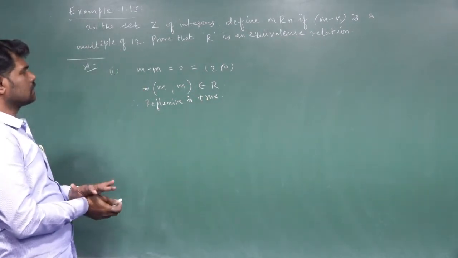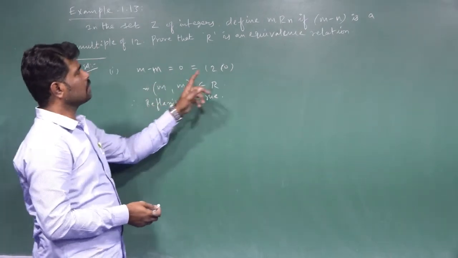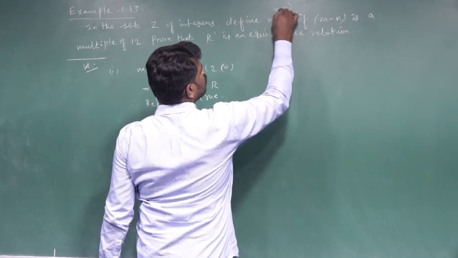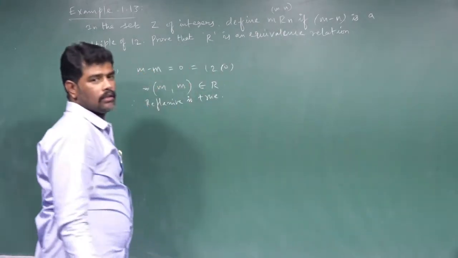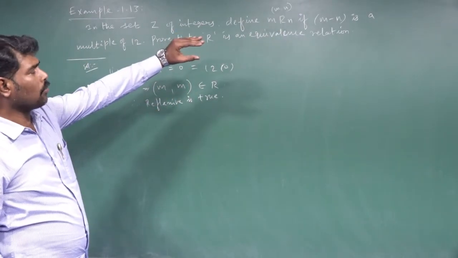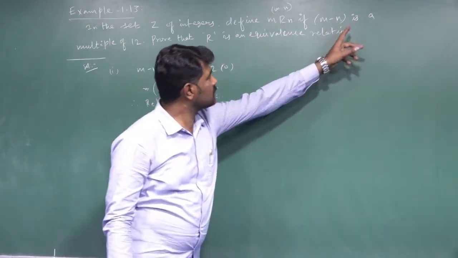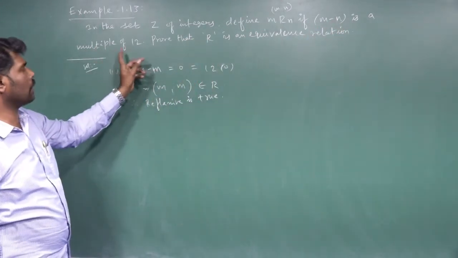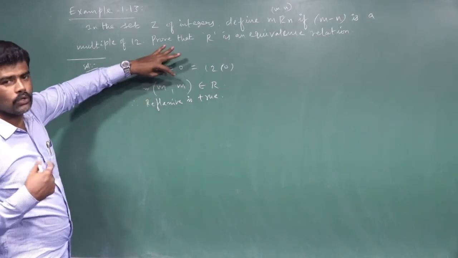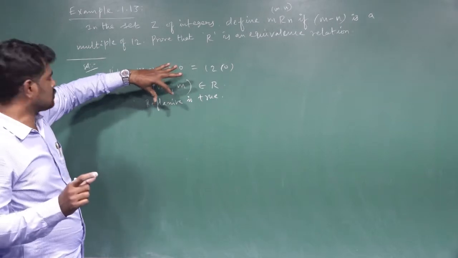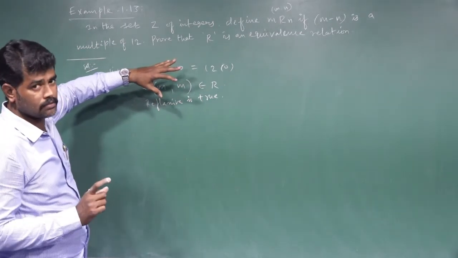Listen, why I am taking M minus M: here the relation M comma N is nothing but M comma N. The pair M comma N means the value M minus N is a multiple of 12. So if you want to show reflexive, in all the pairs the same elements should be there.